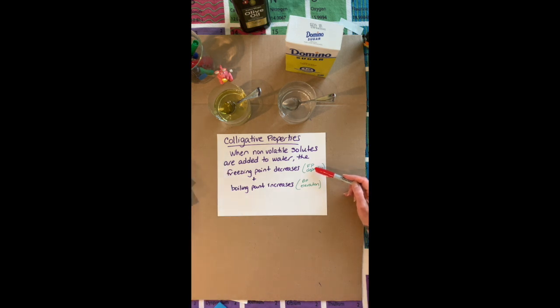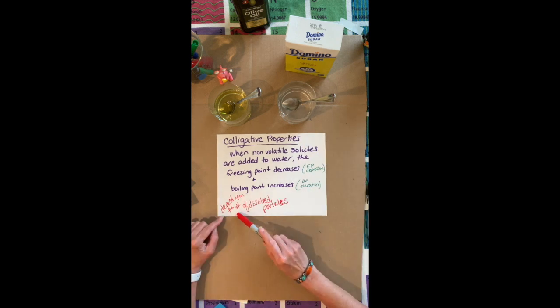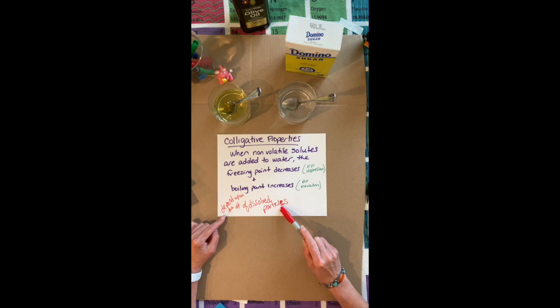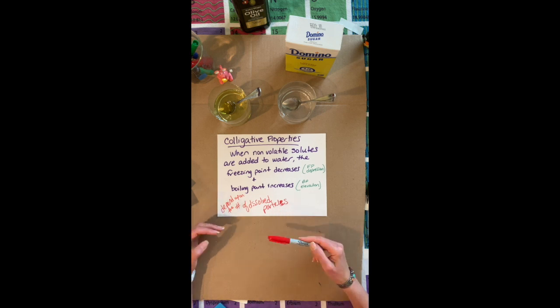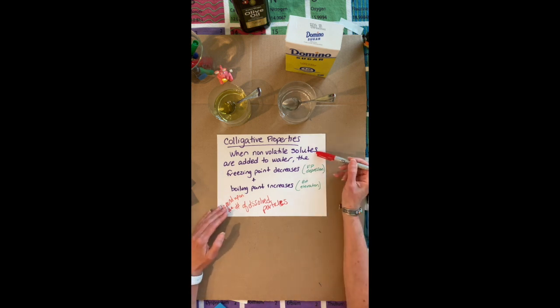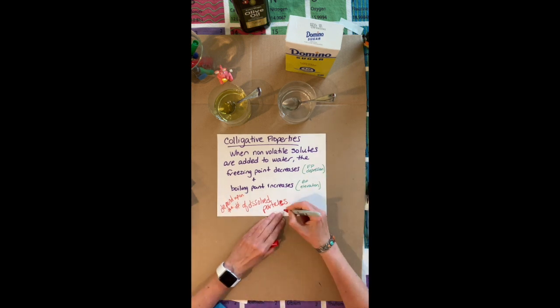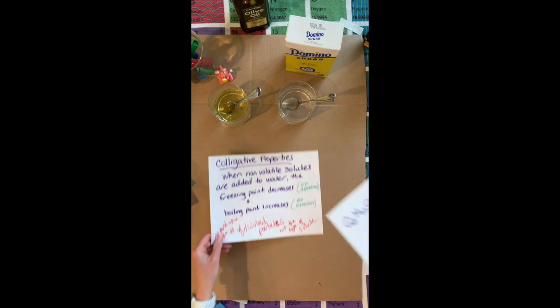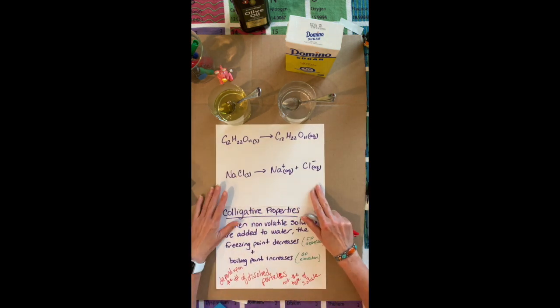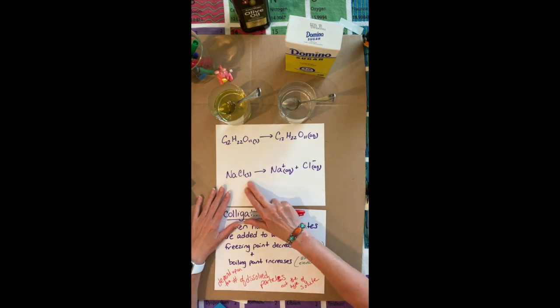So it's freezing point depression and boiling point elevation. And we call these colligative properties because they depend on the number of dissolved particles as opposed to the type of solute.